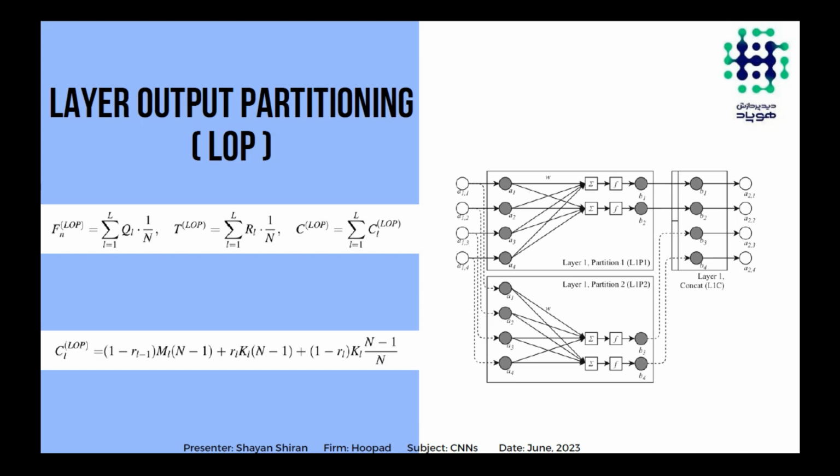Again, on device 2, the same thing happens, we produce another subset of the output neurons, and then they are concatenated together.